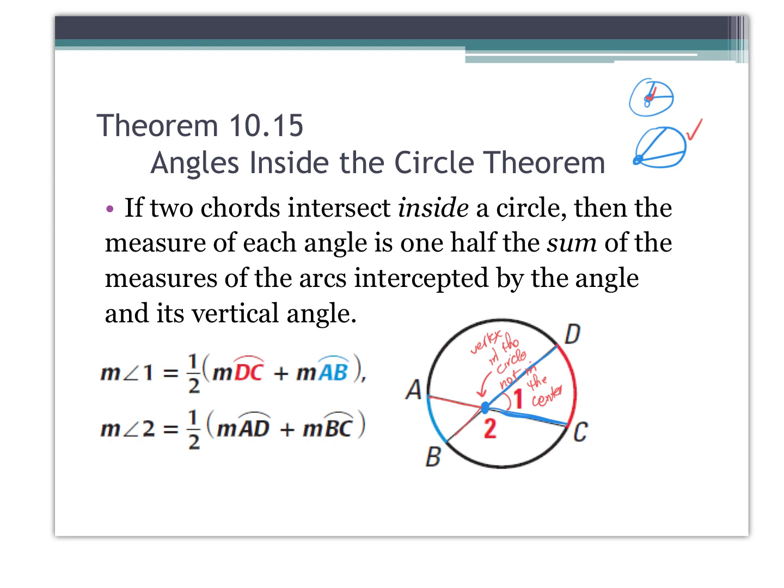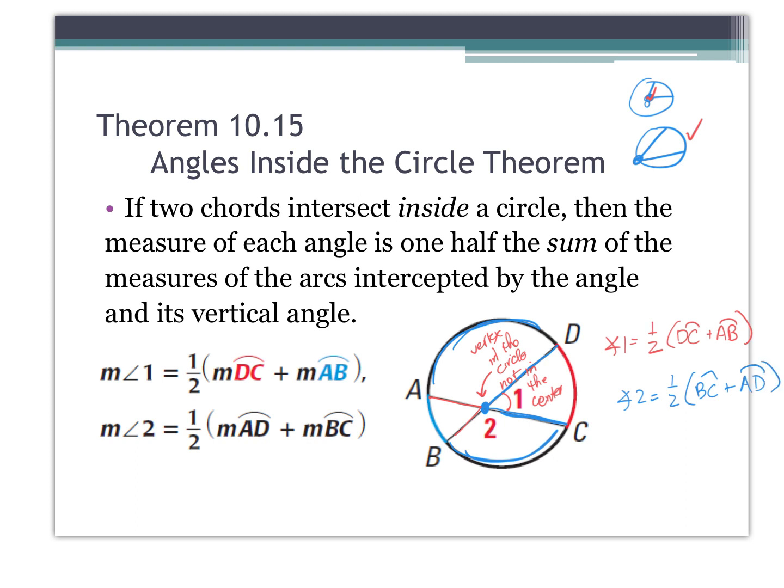Angle 1 over here is going to equal half the sum of arc DC plus arc AB. That's it. And then angle 2 is going to equal half of the sum of arc BC plus arc AD.